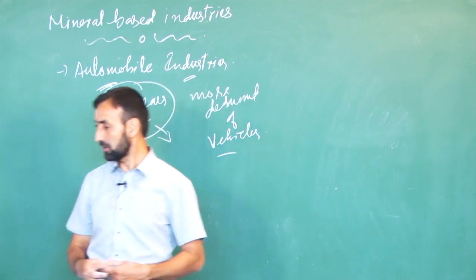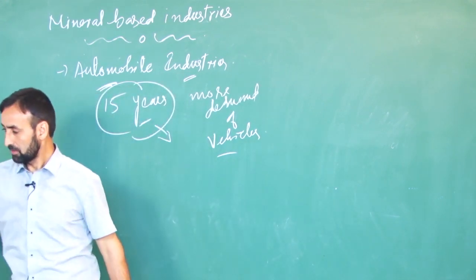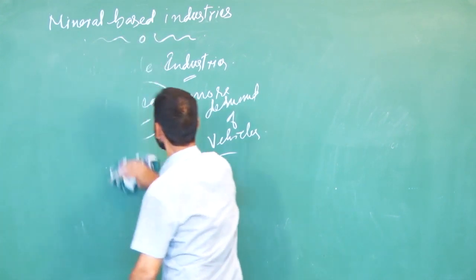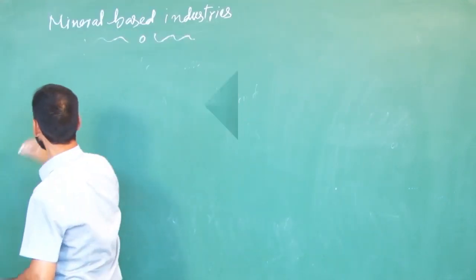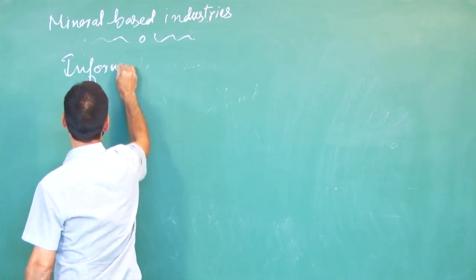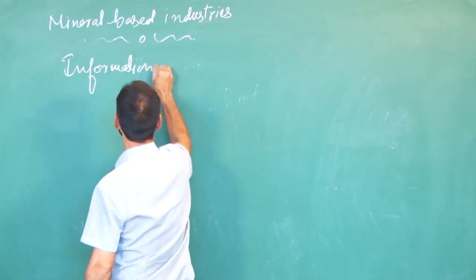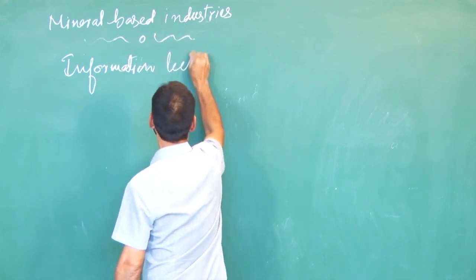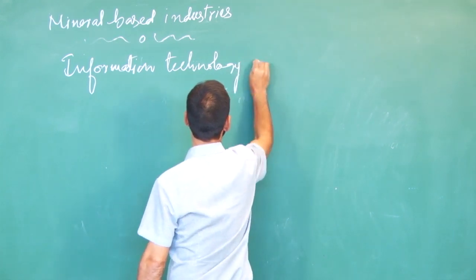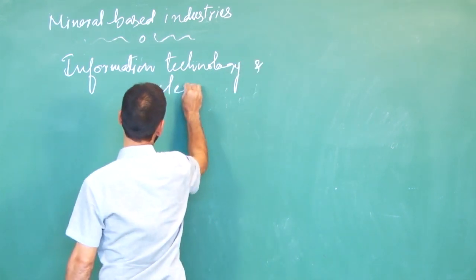In this way, another, that is the last industry, is the information technology and electronic industry.